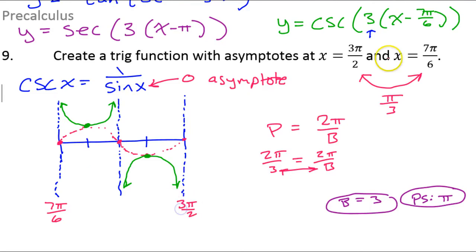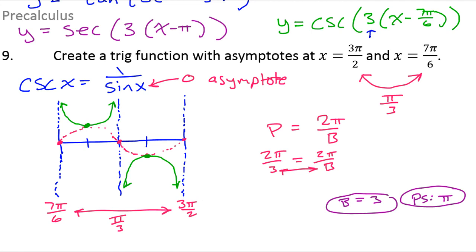That would satisfy the conditions. However, in this scenario, we still know that the difference between 7 pi over 6 and 3 pi over 2 is still pi over 3. That hasn't changed. What's changed is that now this is the full period. It's not half the period anymore. This is the full period.